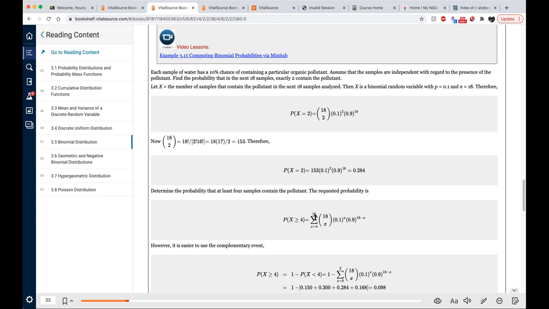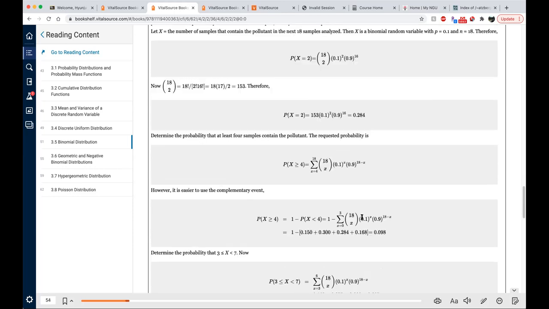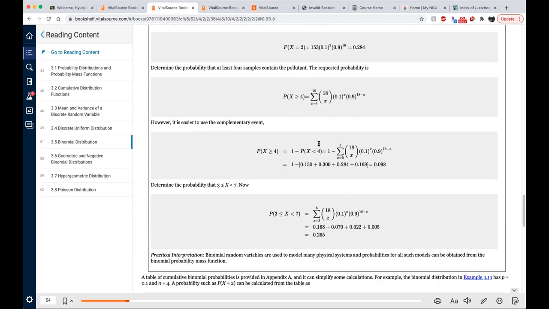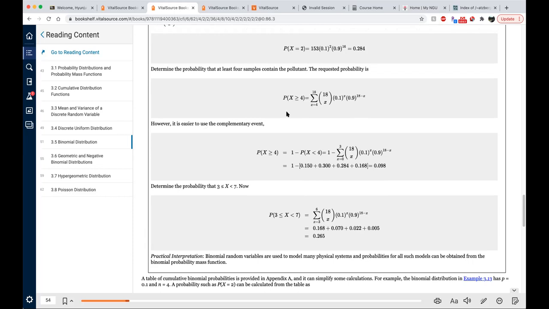So it's a sigma with x going from 4 through 18. That's too much. The easier way to calculate this is using the rule for complement: 1 minus the probability that x is less than 4. X is less than 4 means 0, 1, 2, 3.